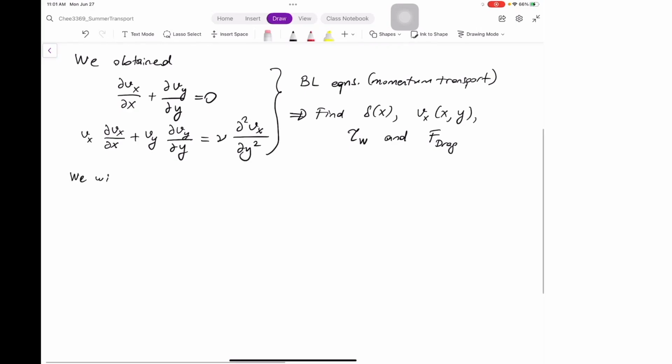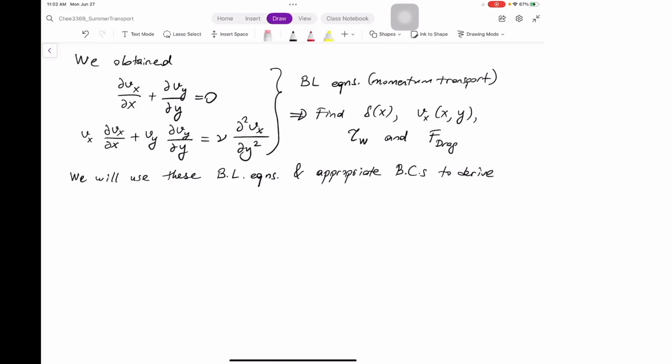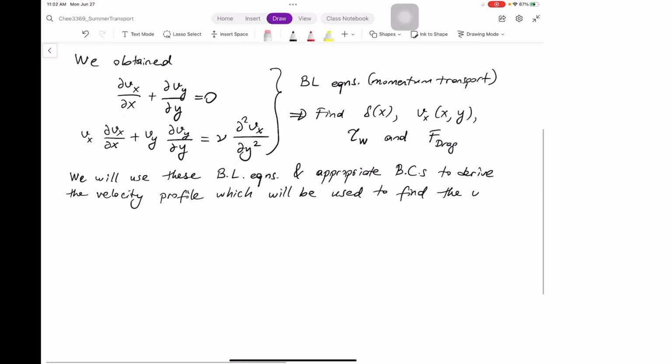We will use these boundary layer equations and appropriate boundary conditions to derive the velocity profile, which will be used to find the wall shear stress, which is a quantity of engineering significance.